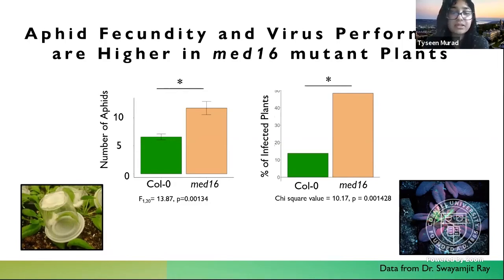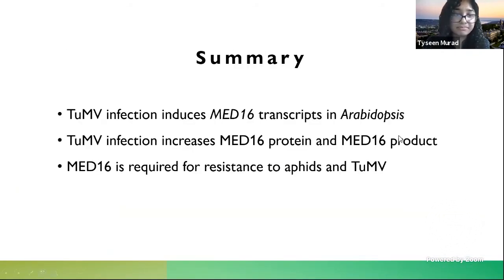So this further suggests that MED16 might be a key player in plant resistance to TuMV. So to conclude, as a summary of all the results that we got from the summer, TuMV infection does induce MED16 transcripts in Arabidopsis.